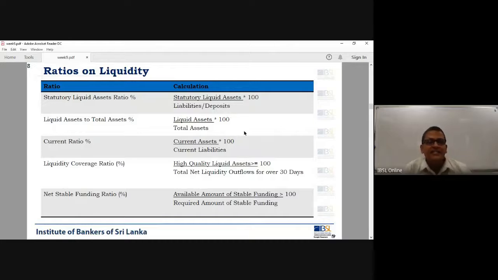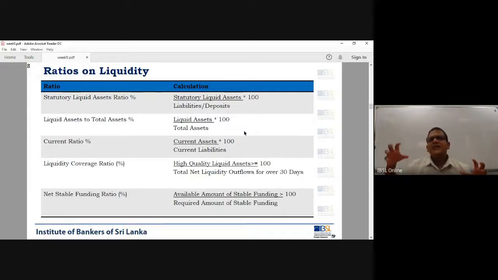Cash in hand can be considered as a statutory liquid asset. Then second, the placement with other banks, which can also be considered. Investment in treasury bills. Investment in treasury bonds. Discounted bills. Those are the items. They have defined, I think, Sri Lankan development bonds. They have defined nearly 10 to 15 asset items as statutory liquid assets.